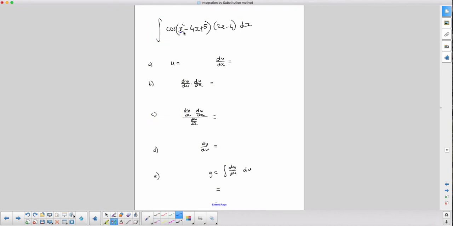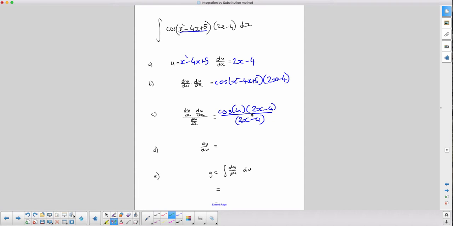Okay, so here we're going to say that the function u is x squared minus 4x plus 5, the inside part of the composed function. So the derivative of that is 2x minus 4. Now suppose the integrand is found by the chain rule, then the integrand is cos of x squared minus 4x plus 5 multiplied by 2x minus 4.